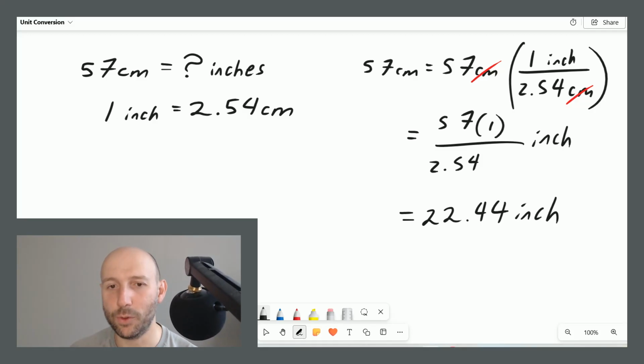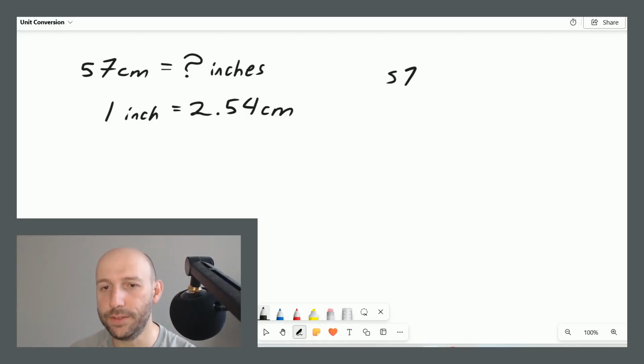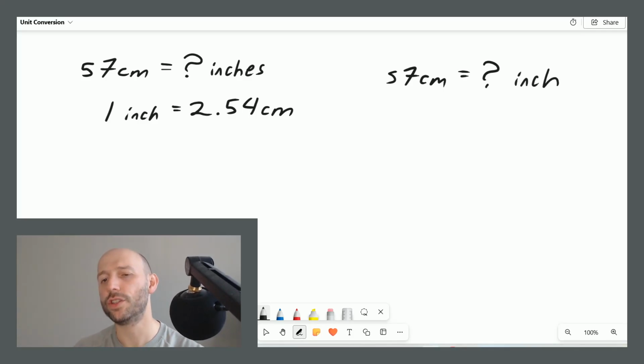And finally, we can use our intuitive approach. 57 centimeters is some number of inches. Should the number get bigger or smaller? Well, inches is a bigger unit of length, so our number should get smaller because we need less of those inches to cover the same distance.